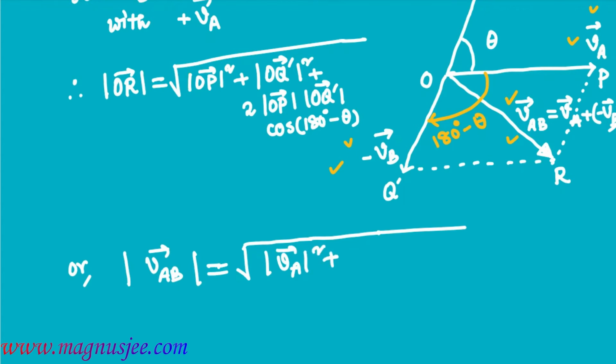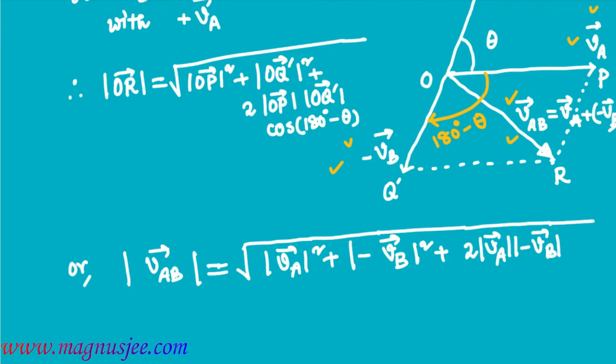So equal root over mod vector VA square plus mod minus vector VB square plus 2 mod vector VA mod minus vector VB cos 180 degree minus theta.